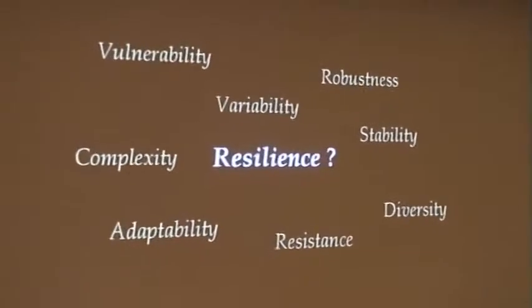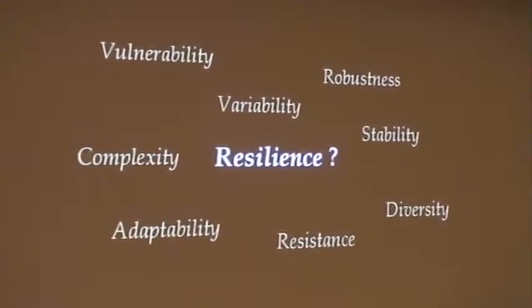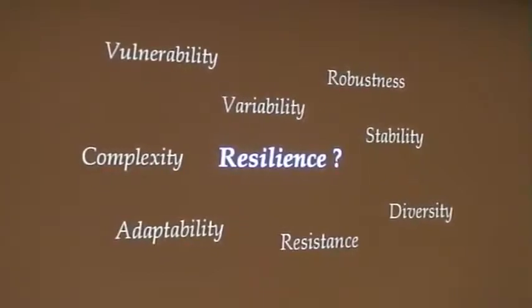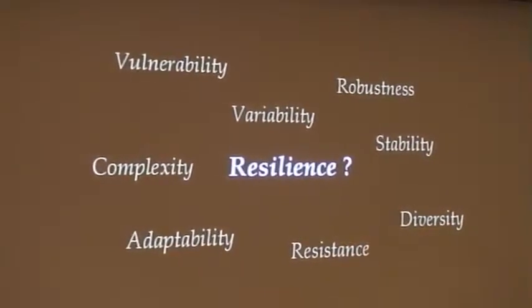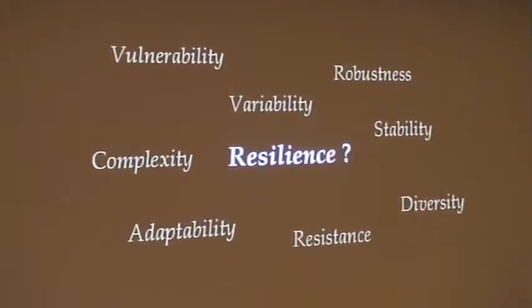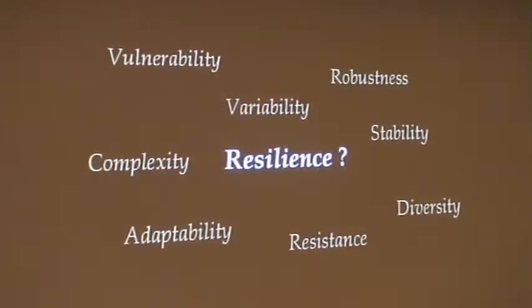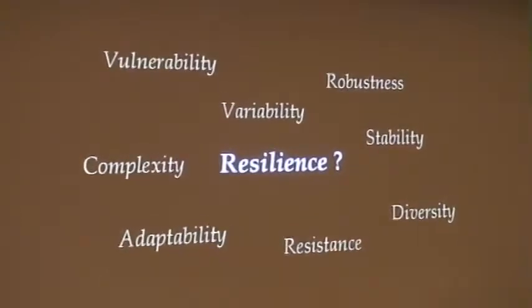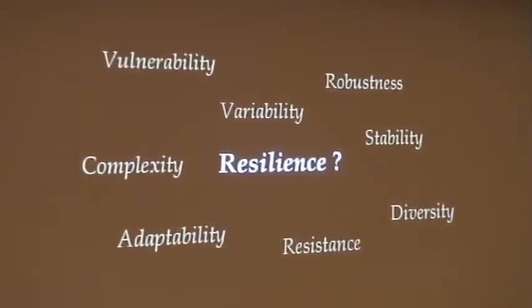I show here some of the terms most commonly found when you search for work on resilience, like vulnerability, variability, robustness, stability, diversity, resistance, adaptability, complexity, and probably a whole range of others which I haven't listed here. Sometimes this confusion between resilience and these other terms makes it difficult to compare different studies, or even makes it difficult for scientists to communicate about resilience.